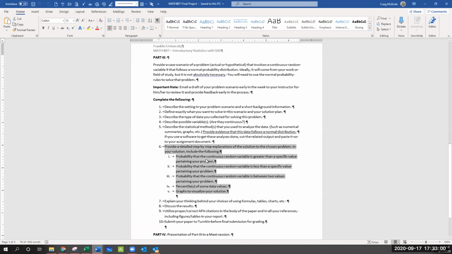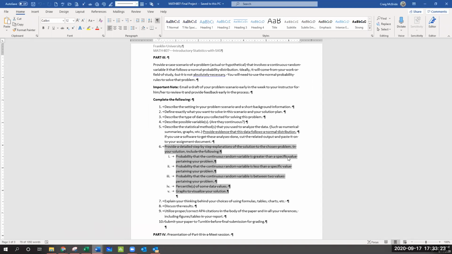When it says find the probability the continuous random variable is greater than a specified value, well, that specified value could be you. I mean, you could choose anything, right? So you could say, okay, well, I'm going to calculate the probability that it's greater than 200 based on such and such. Or I'm going to calculate greater than 30 based on a mean of this, right? So everybody's numbers are going to be completely different based on their scenarios and the numbers they want to choose.